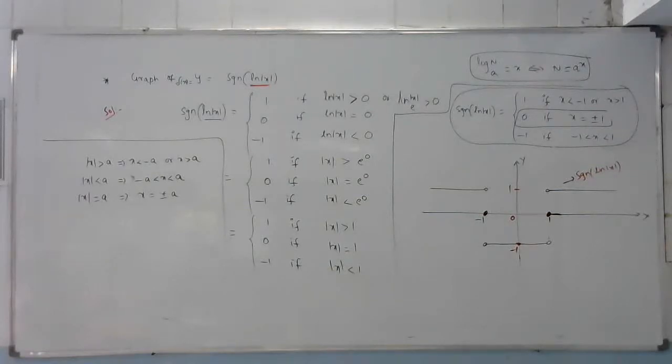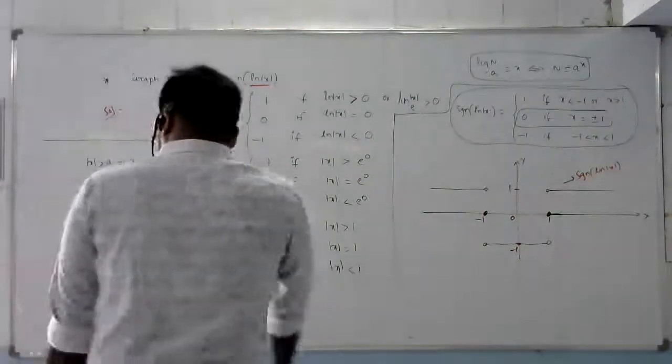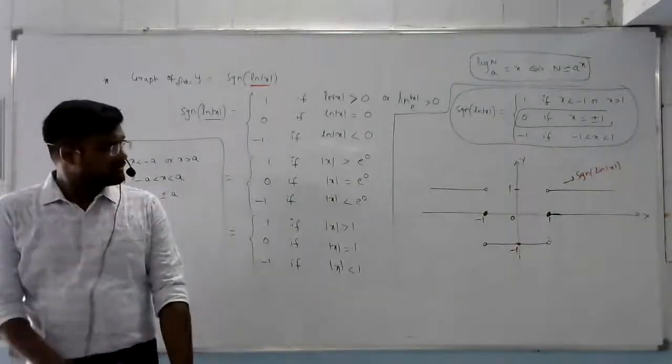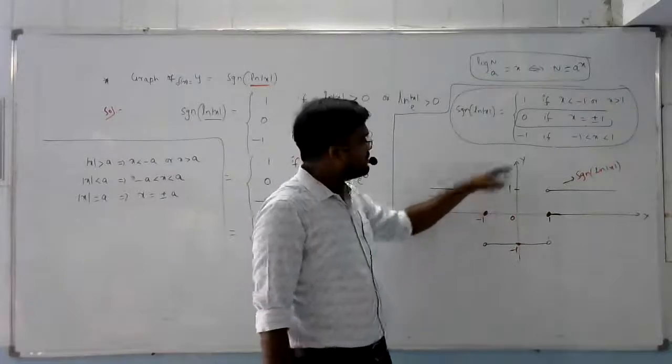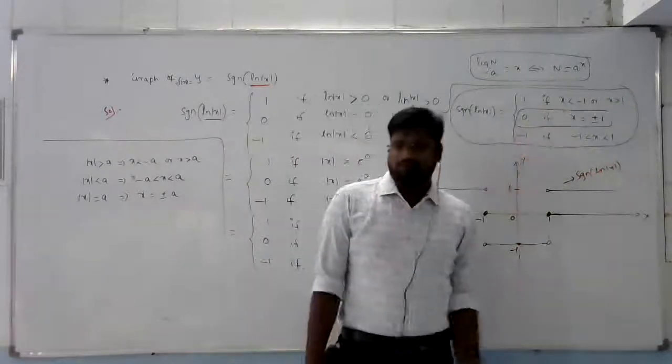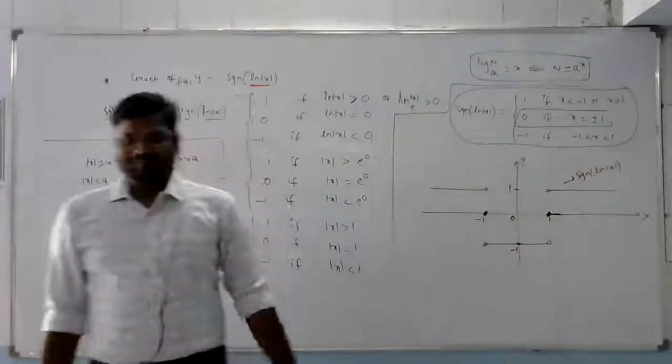Between minus 1 to 1, the value would not be minus 1. Why? We just followed the definition, right? Why can't it be minus 1 between minus 1 to 1? No, less than minus 1. There is no equality, right? You should not. No, it is not. Okay, fine.